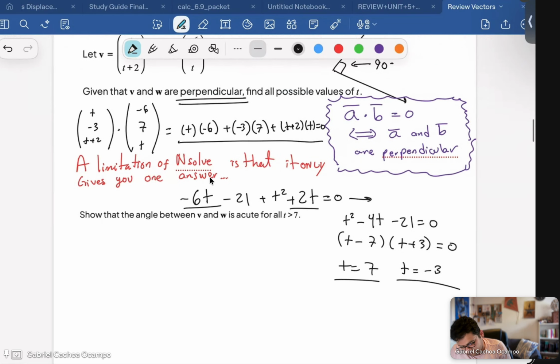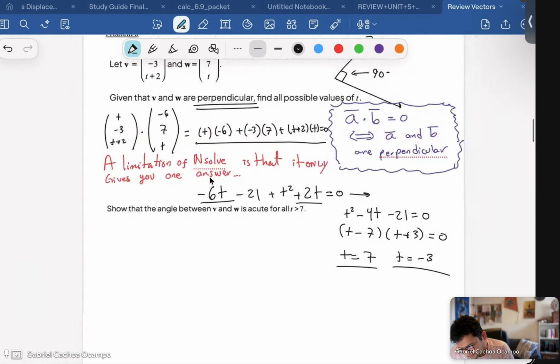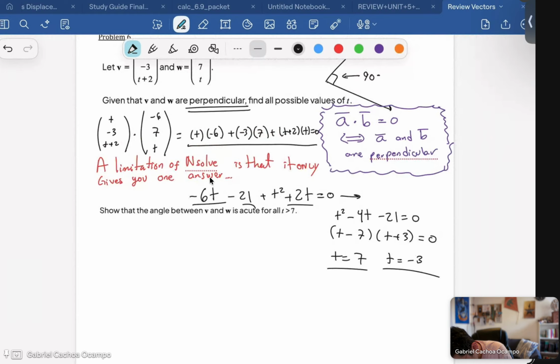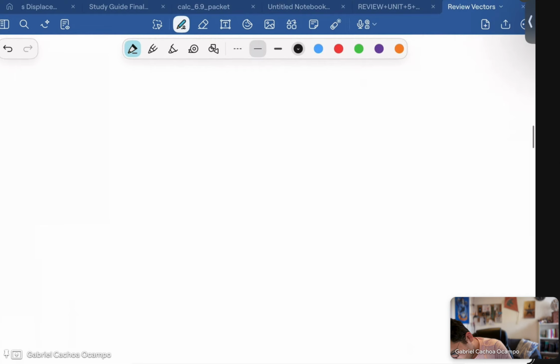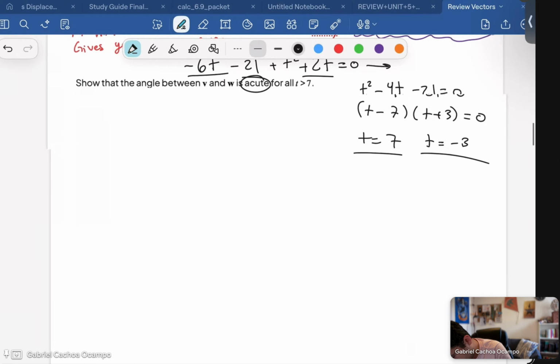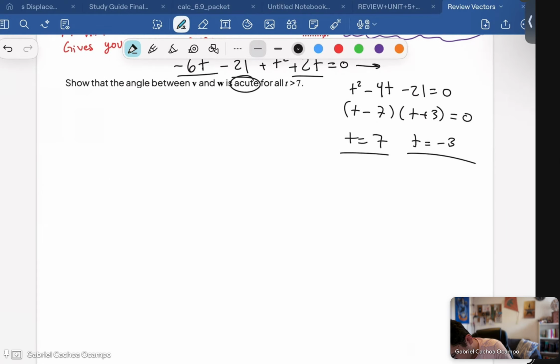You can solve quadratics. Okay, now this problem is telling me that the angle is acute for t larger than 7. Because of the relation of the dot product, let us look at the graph of this parabola.